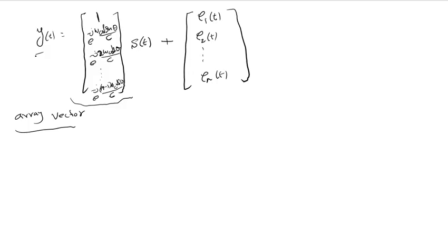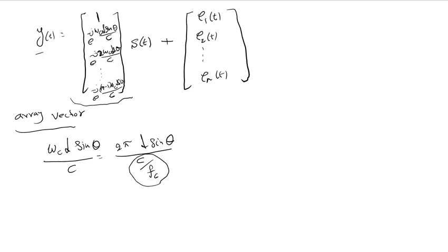We can simplify ω_c d sin θ / c to 2π f_c d sin θ / c, and c over f_c is the wavelength of the wave, where f_c is the carrier frequency. So we have 2π d sin θ over λ.